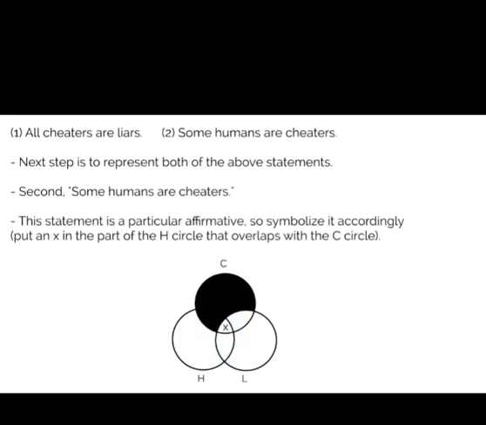See that? Once again, it's the same sort of thing. If you were to just look at the H and the C circles, and if I was just saying represent some humans are cheaters, that's what you do. You'd have an H circle and a C circle, and you'd put an X right in the middle. It just happens to be that this part of it was shaded out.